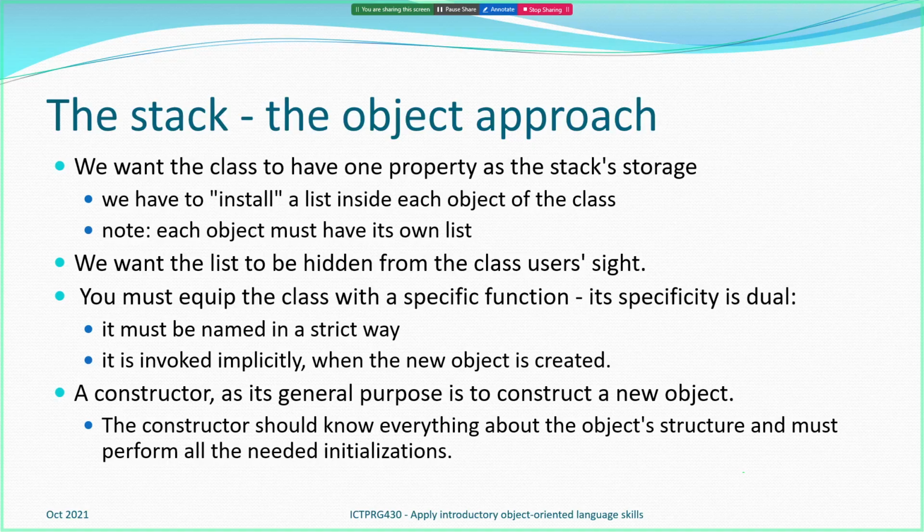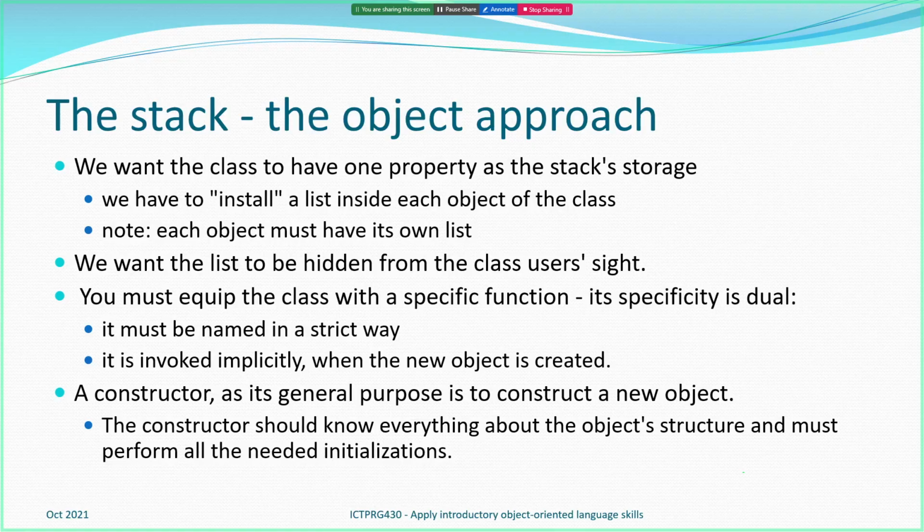Each object has its own list. We don't want that list available to the users, so it's hidden inside the class. To do this, we have to name it in a strict way, and we need to invoke it in a specific way as well.